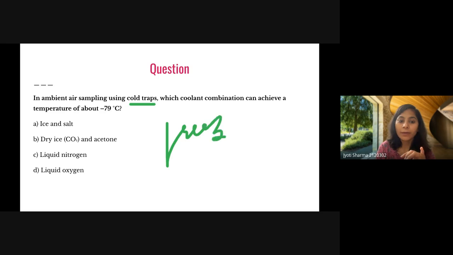So there is one method that is freeze out. Different liquids can be used to maintain a negative temperature, and because we will have a very low temperature, this is how we can freeze out our air. This is one method by which we can store our air, right?